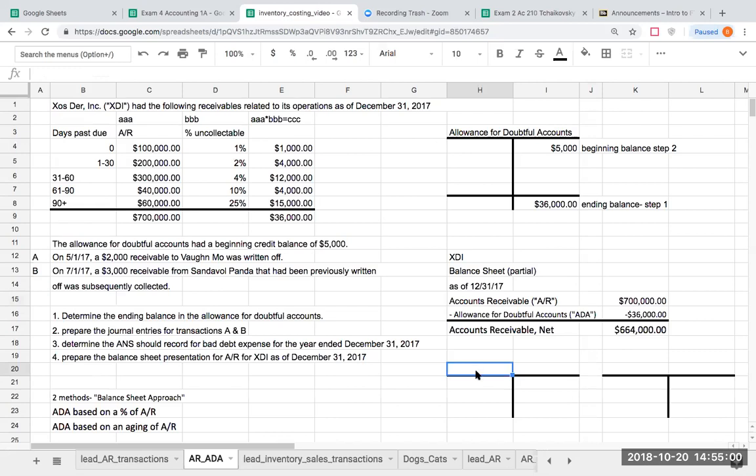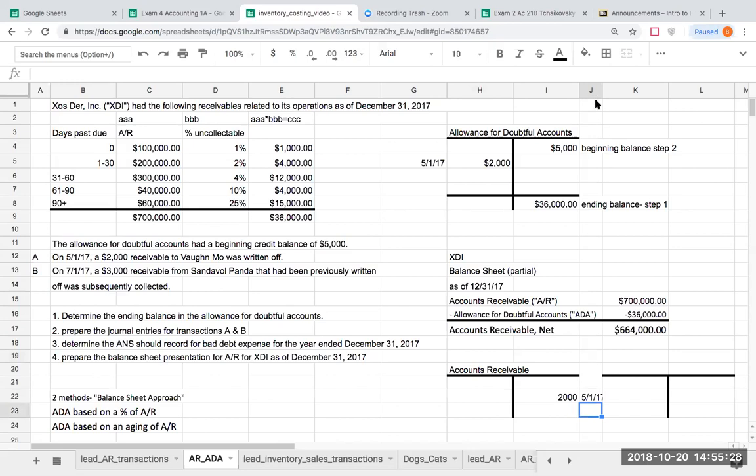When I write off a receivable, I'm going to be debiting the allowance for doubtful accounts on 5/1/17, and I'm going to be crediting accounts receivable here for 2000.